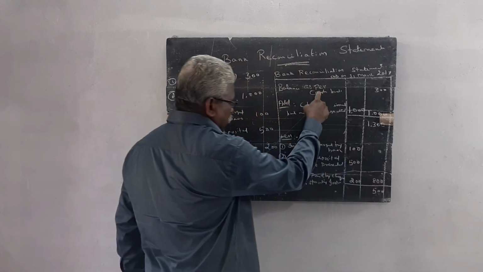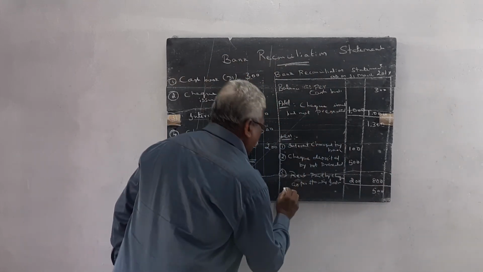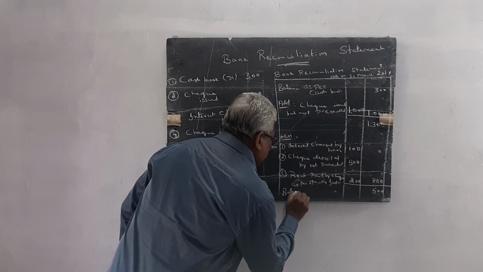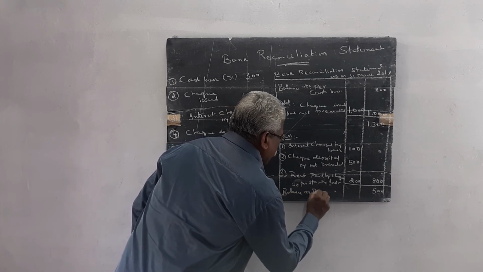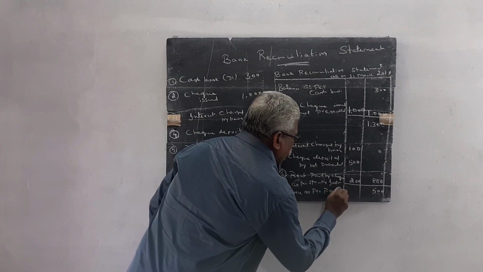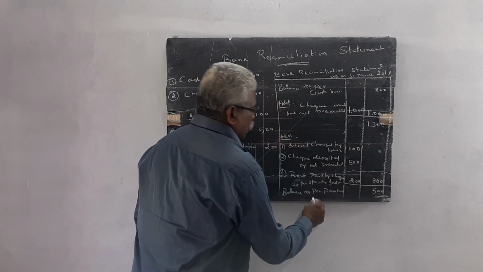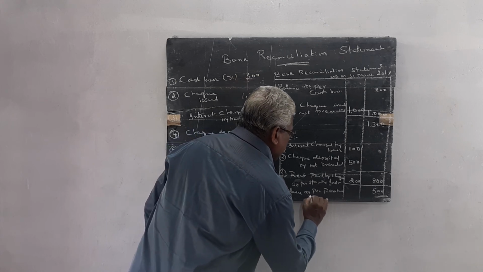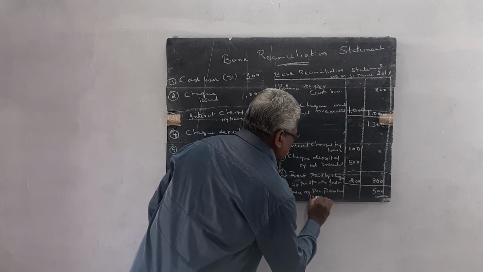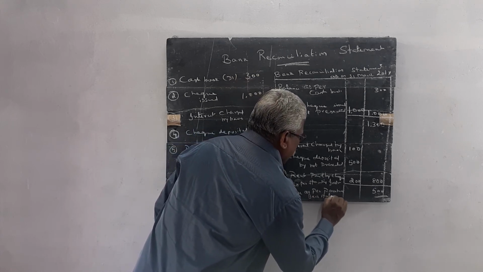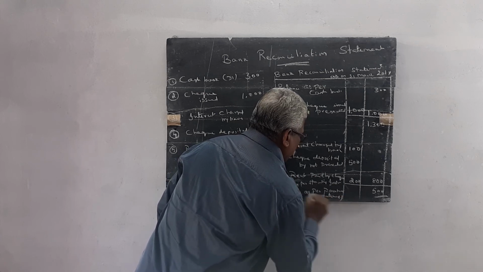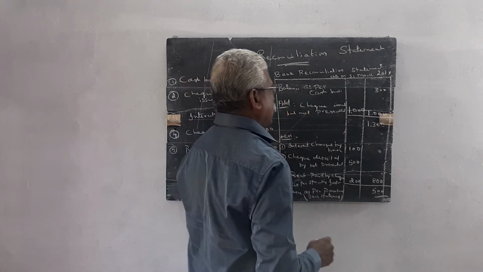Here balance as per cash book is the question. The answer is balance as per passbook. We can write balance as per passbook or balance as per bank statement. Balance as per bank statement or balance as per passbook is equal to 500.